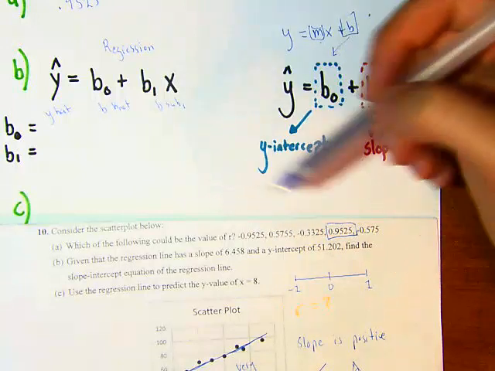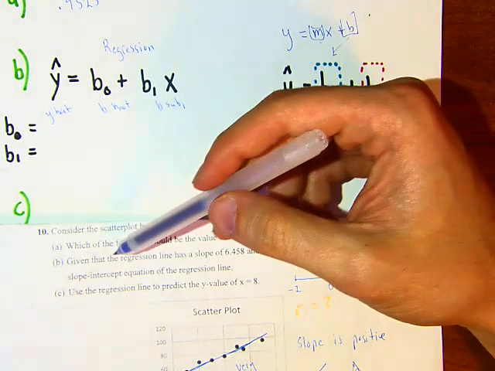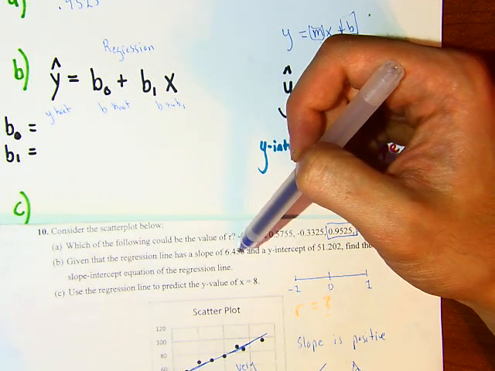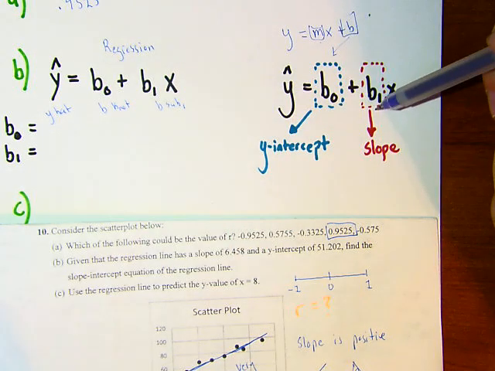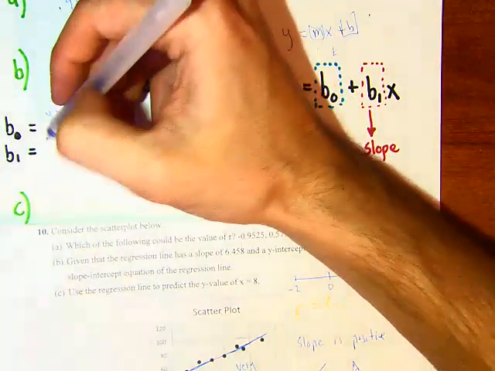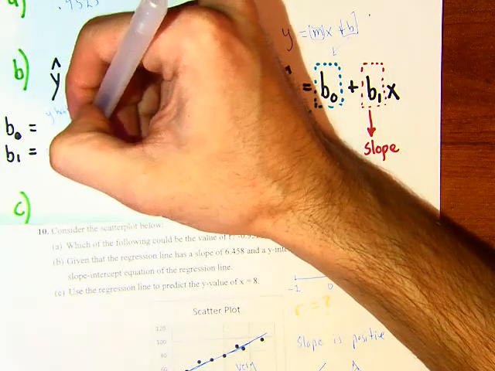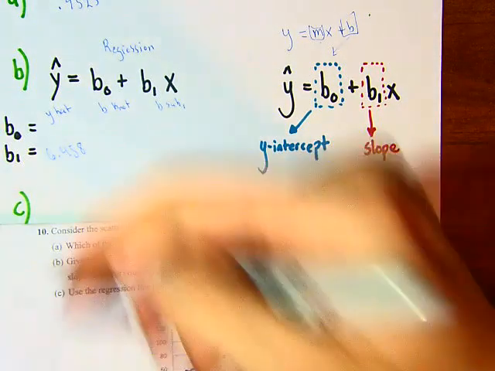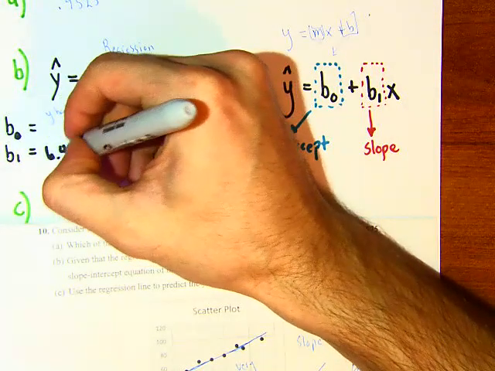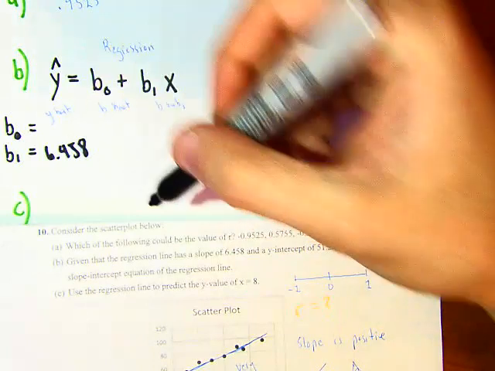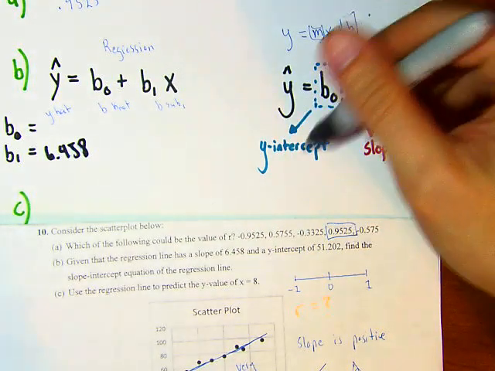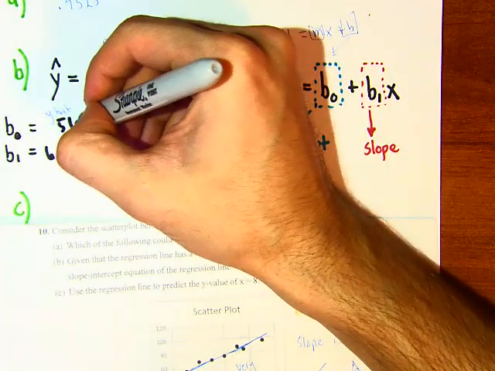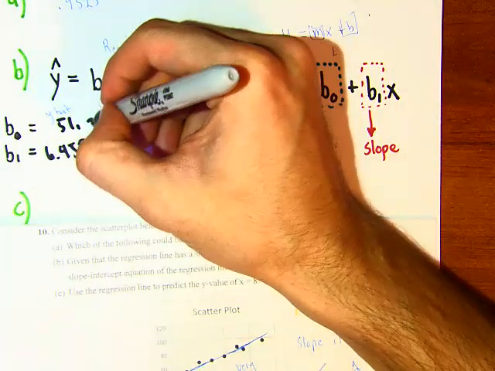So for this problem, we just have to find what each one is. Here the slope is stated to be 6.458, and the slope is b sub 1. So b sub 1 is 6.458. Let me use a different pen real quick. What's your b naught, which is the y-intercept? It says a y-intercept of 51.202.